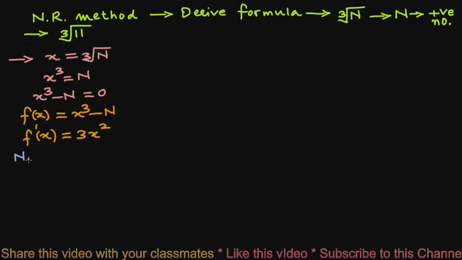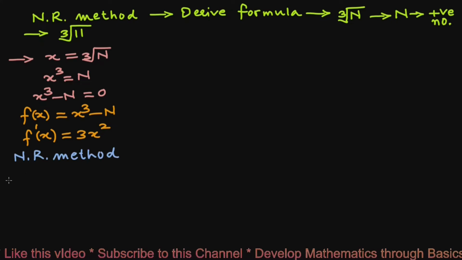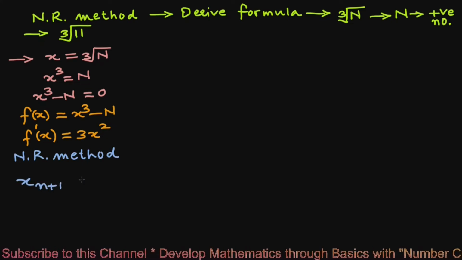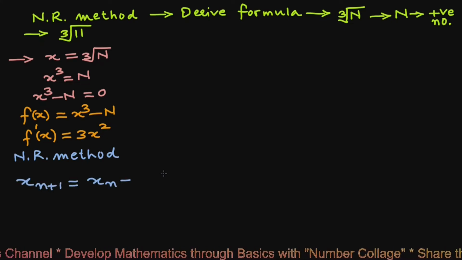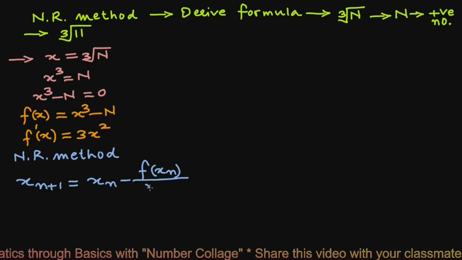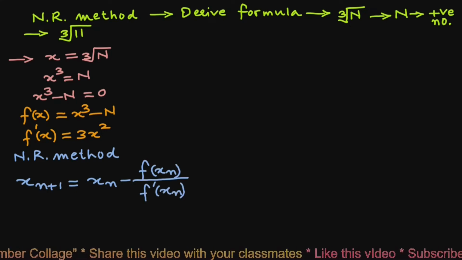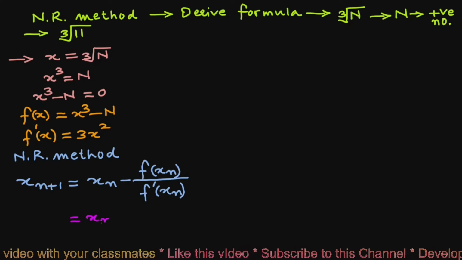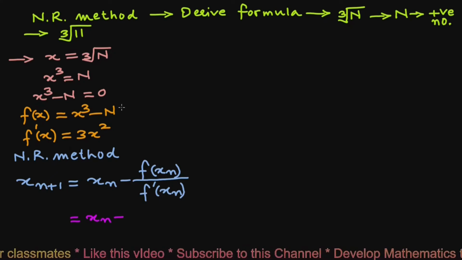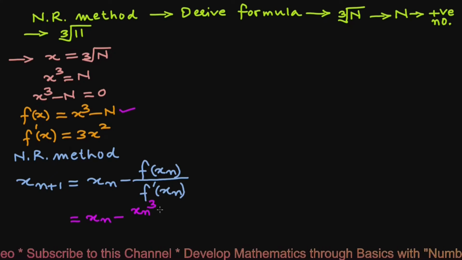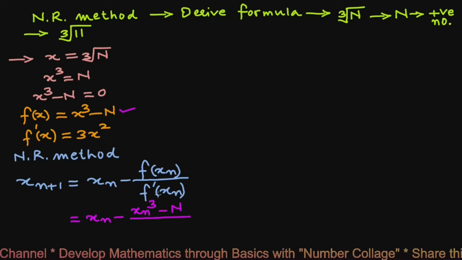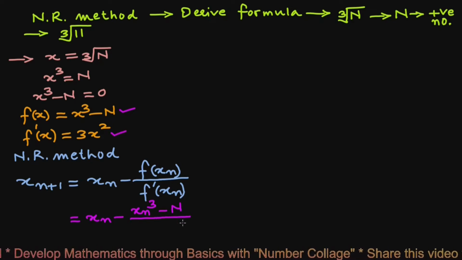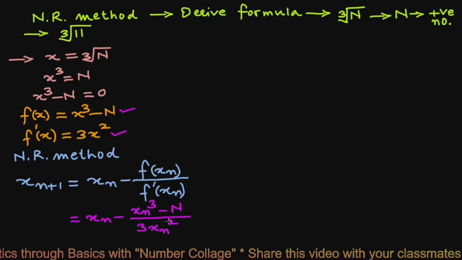Now by Newton Raphson method we have x of n plus 1 equals xn minus f of xn upon f dash of xn. This we write xn minus f of xn will be from this xn cube minus n upon f dash xn will be from this 3xn square.